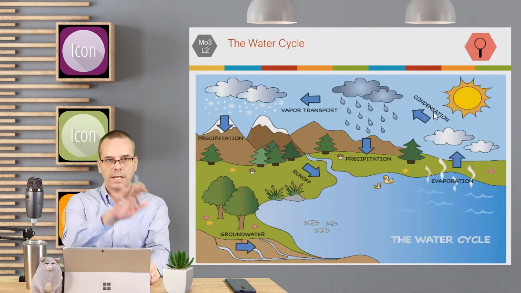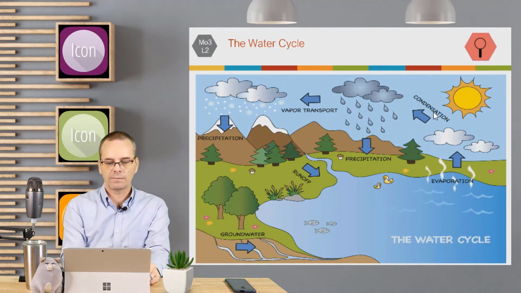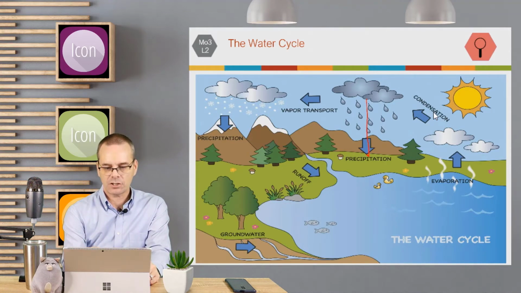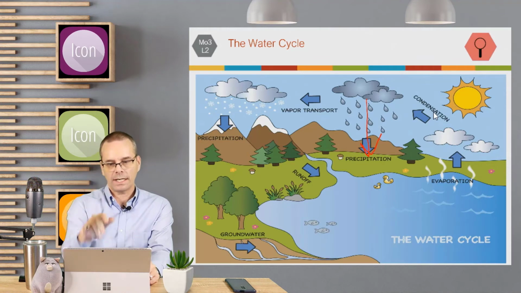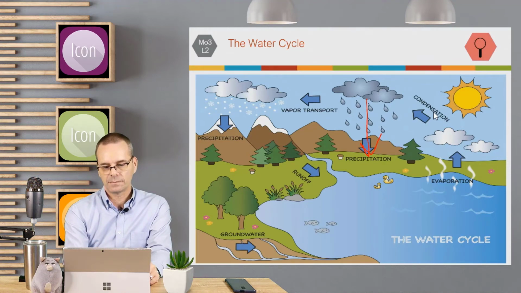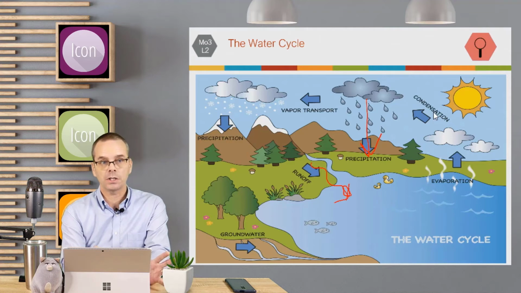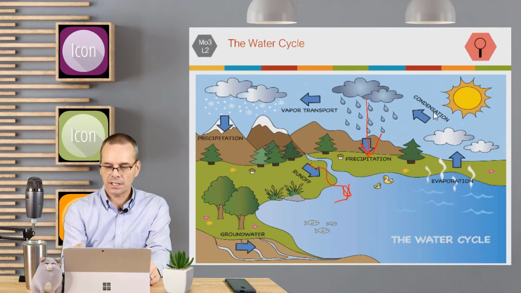So here's a nice big picture of the water cycle, right? So you have precipitation, where water's falling down and hitting the ground, right? And then you have runoff, where it's from the ground or from the river out into a body like a lake or the ocean, etc. And then the sun is shining down on that, right?